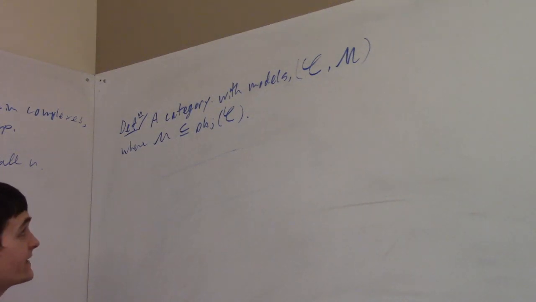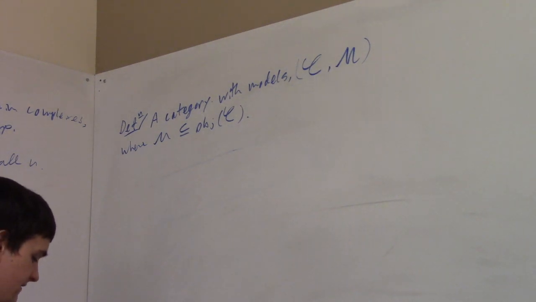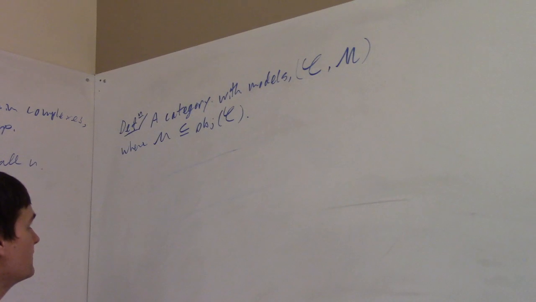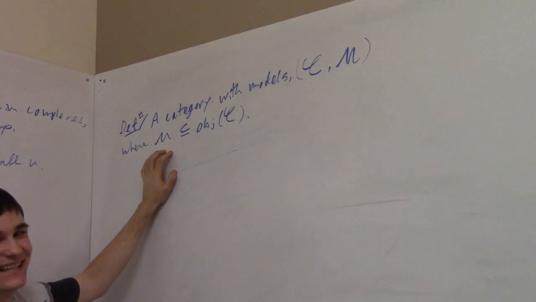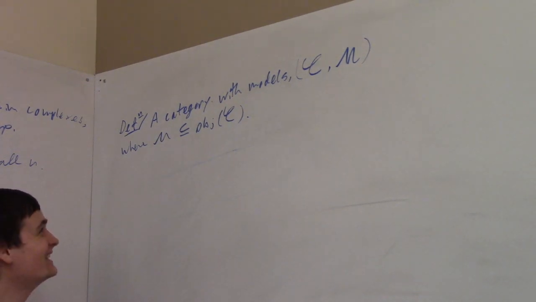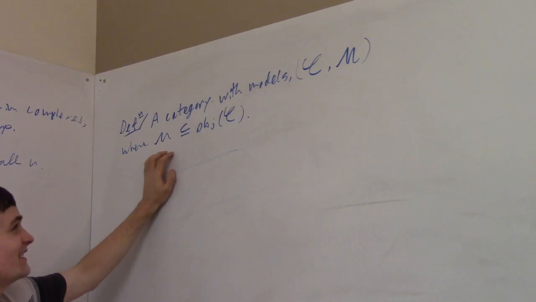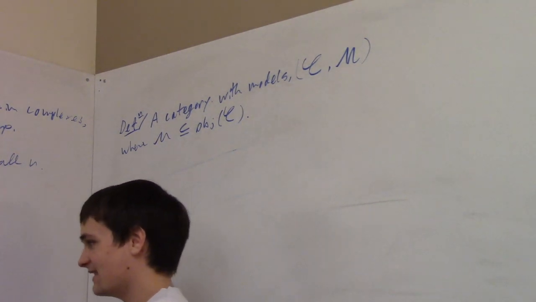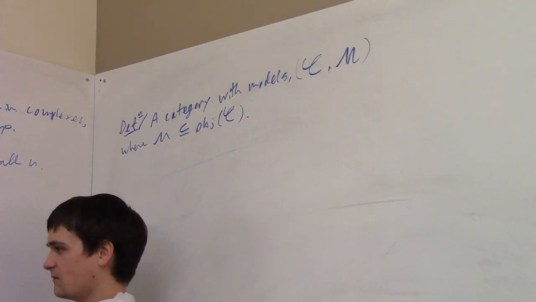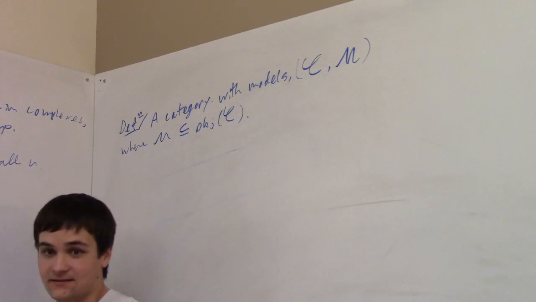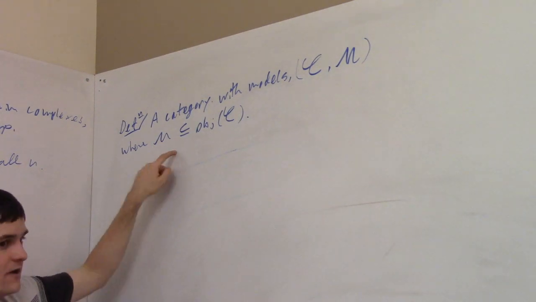So category with models, essentially you have a category along with a subset of its objects. What we're going to see later is that if you choose this subset appropriately, you can essentially get this result at the level of chain homotopies and chain complexes when you only prove them for the models.